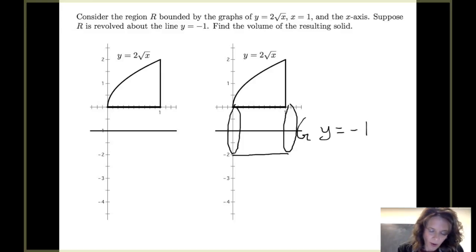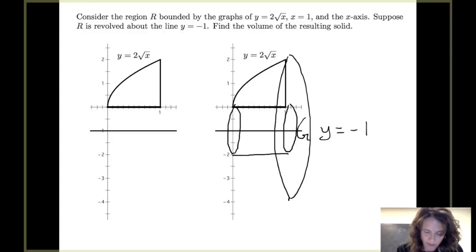This point, the point (1, 2), is 3 units above the axis of revolution. So therefore, as it comes around, it's going to go to the point (1, -4) and come back up around. And then this segment here, the segment for y equals 2 times the square root of x, is going to come down here. So there's an image of my three-dimensional solid that results.